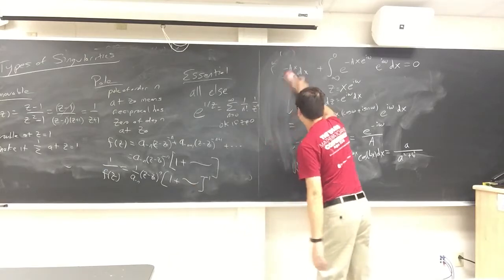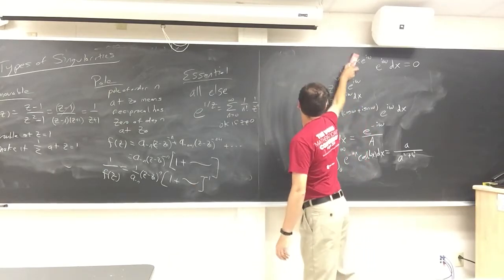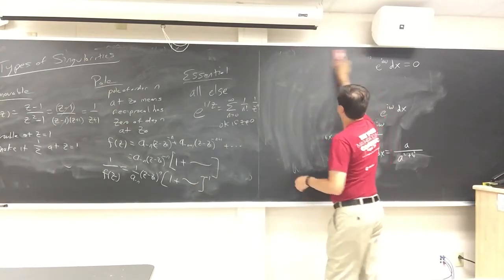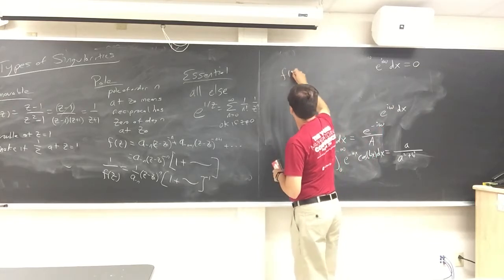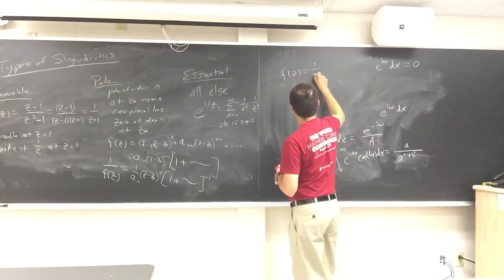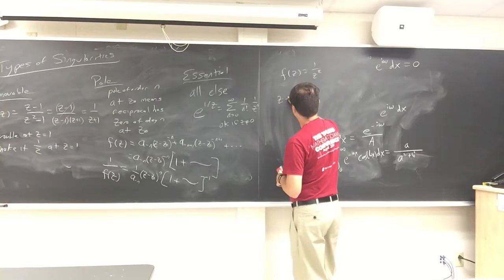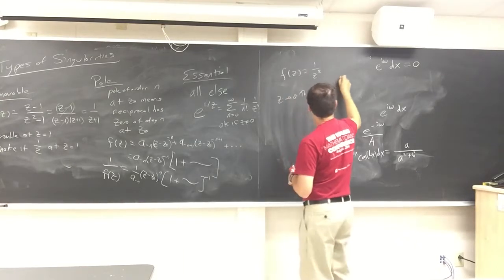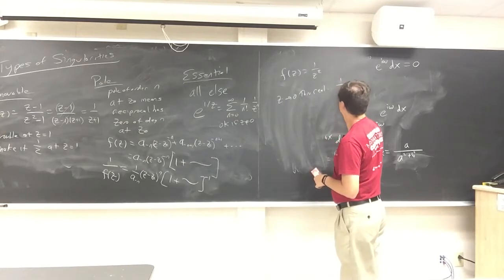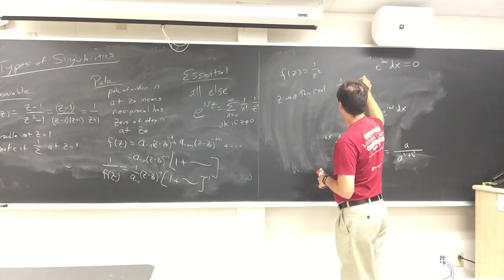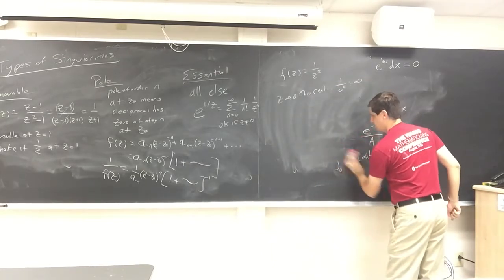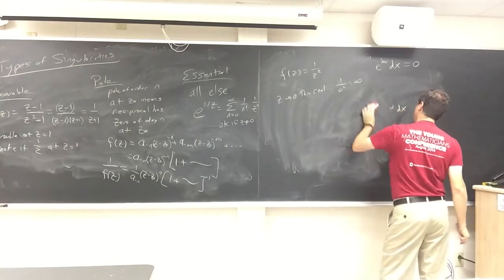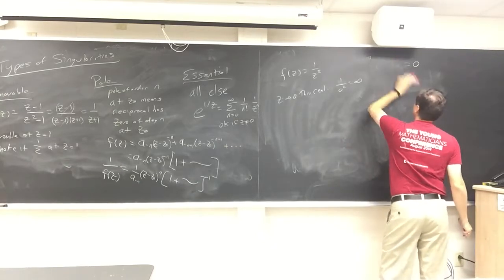So if I give you f of z is 1 over z squared. As z goes to 0 through the real numbers, it goes to 1 over 0 squared, goes to infinity. What if I go along the imaginary numbers?